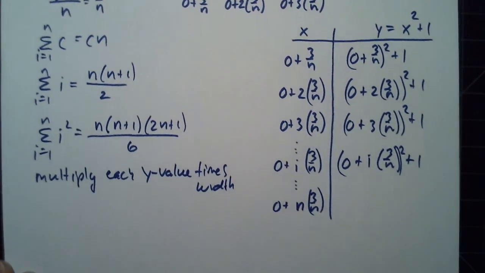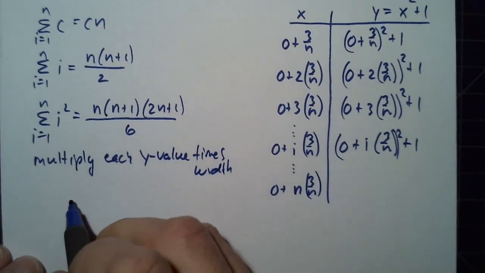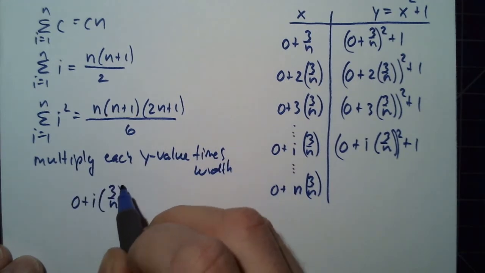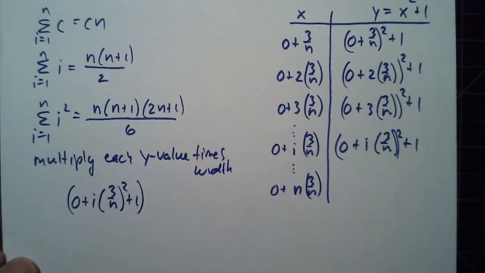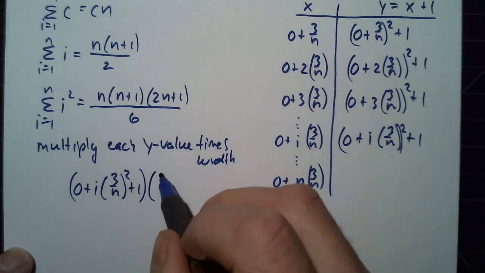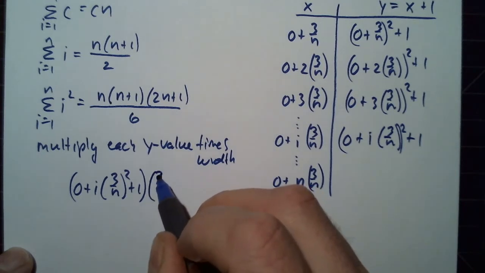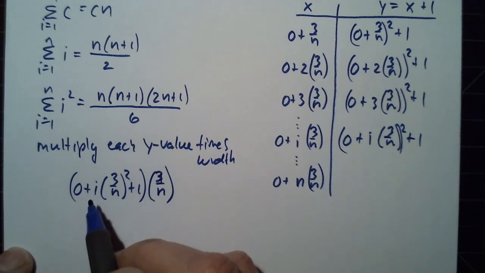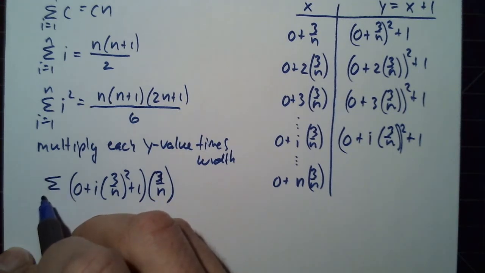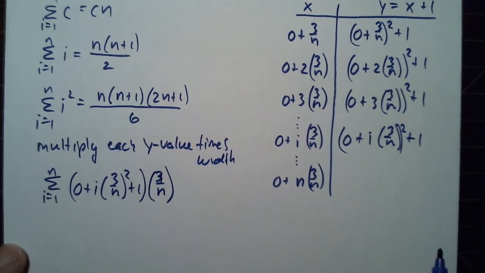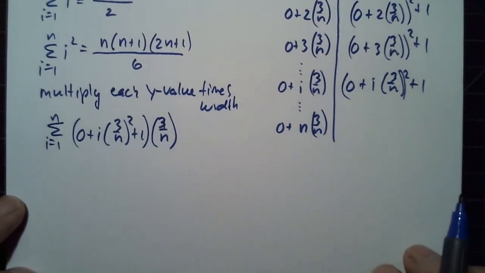So that means the area of the ith rectangle is going to be the height of the ith rectangle times the width of the rectangle. And this represents all rectangles because we have an i there, and then we're just going to have the sum from i equals 1 to n, and this is representing the area of all the rectangles.